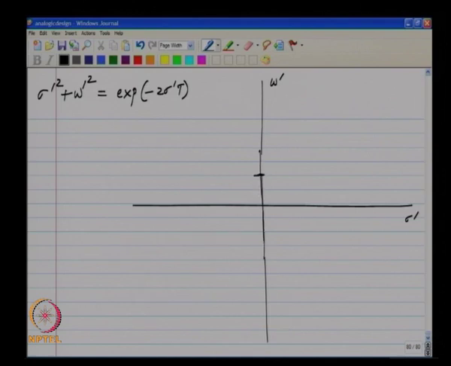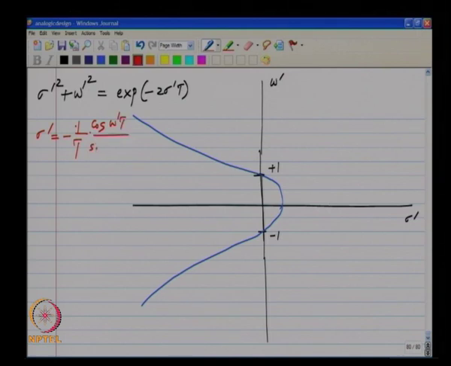Let me mark unity here, plus 1 and minus 1, and as I said earlier, the solution will be an open curve, something like that. Okay. And the other equation, sigma prime is minus 1 by tau cos omega prime tau by sinc omega prime tau by pi.